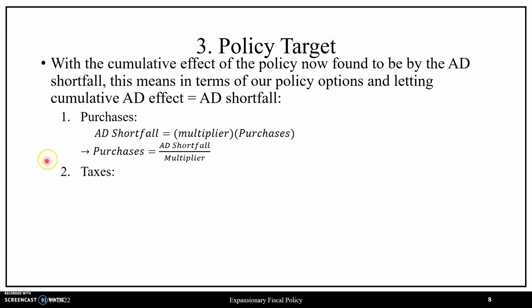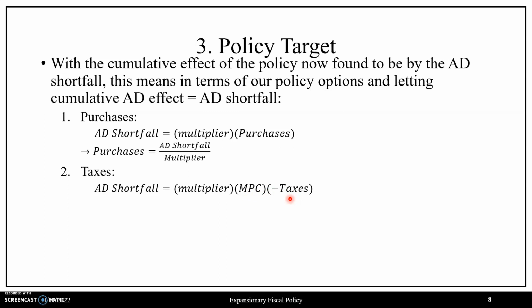Repeating this with respect to taxes, and letting the cumulative effect equal the 80 shortfall, we've seen that the cumulative effect of a tax change is going to be the multiplier scaled by the MPC scaled by negative taxes, given that taxes are negatively related to aggregate demand.